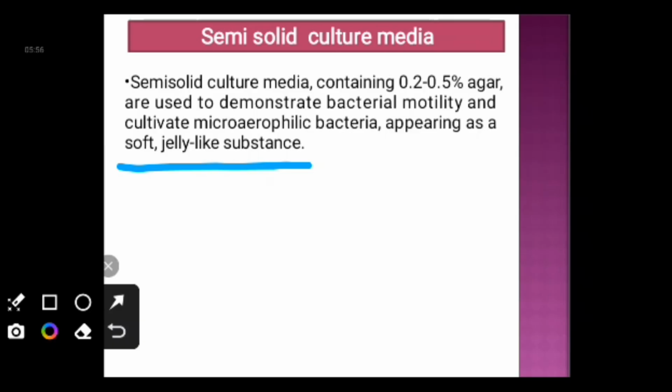The solidifying agent is agar, at a concentration of 0.2 to 0.5%. Okay, this is very low. It is used to demonstrate bacterial motility and cultivate microaerophilic bacteria.